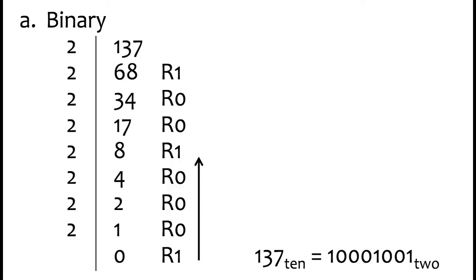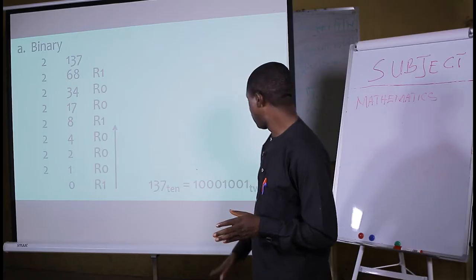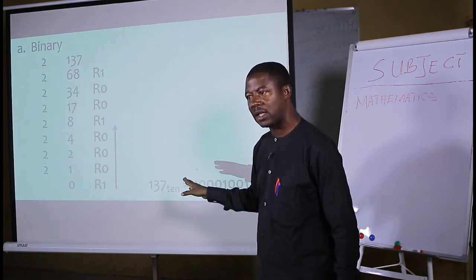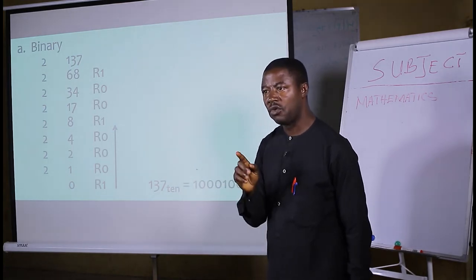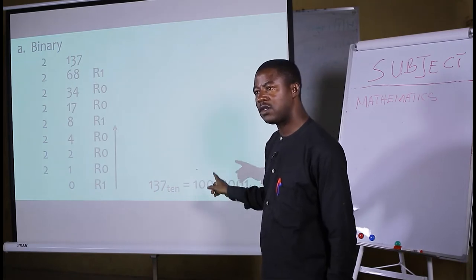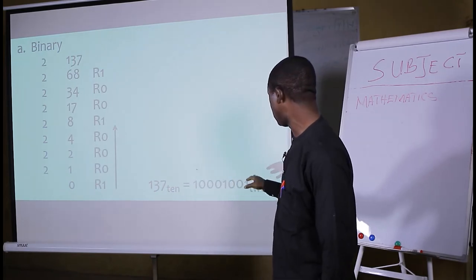So you have to know that the arrow is giving you a direction. Start from the bottom upward. So you have finally converted 137 to base 2 to have 1, 0, 0, 0, 1, 0, 0, 1.